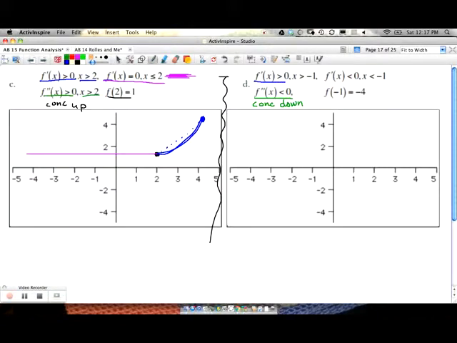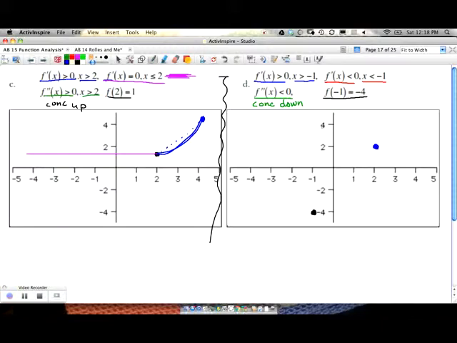We would be increasing here after x is equal to -1, but we're going to be decreasing here before x is equal to -1. And then our start point is going to be f of -1 equals -4. So f of -1 is -4. We're all the way down here. And we're concave down. So we're going to be increasing after.